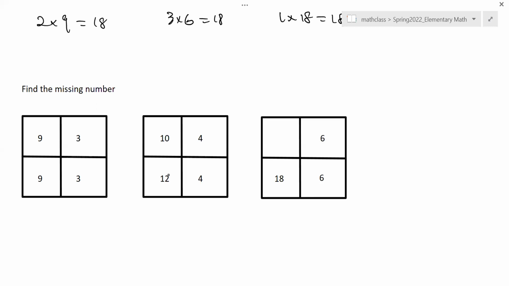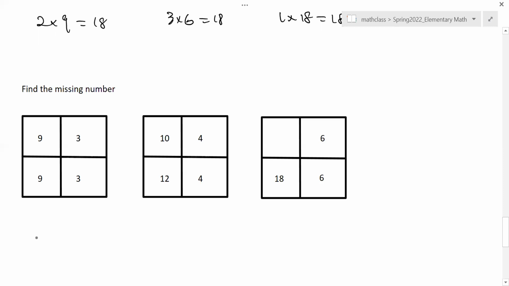I find out, okay, so it's 9. It's a little bit difficult.